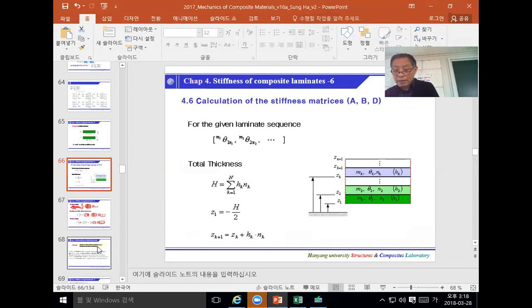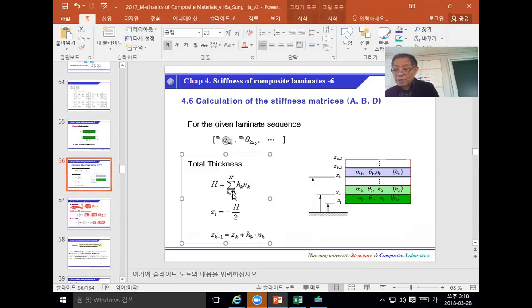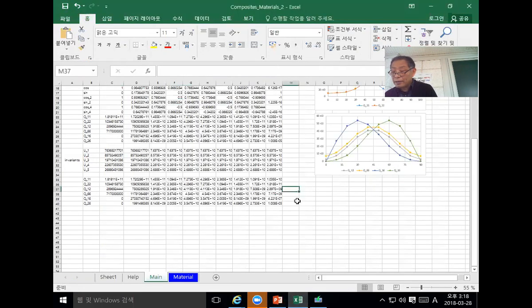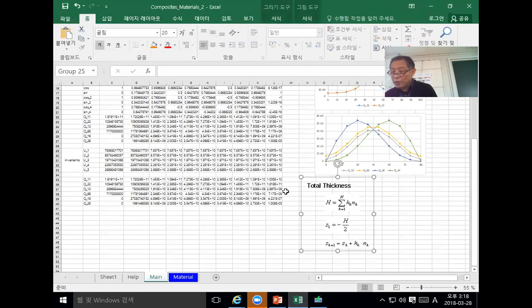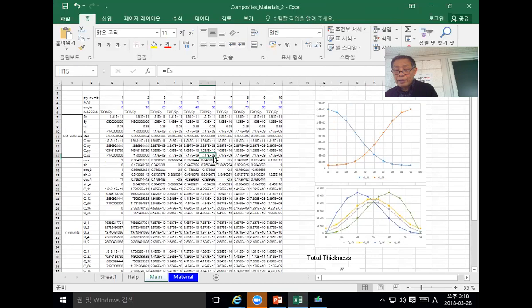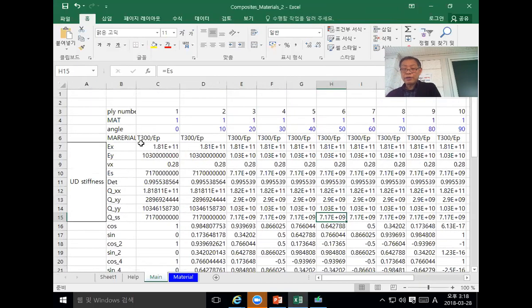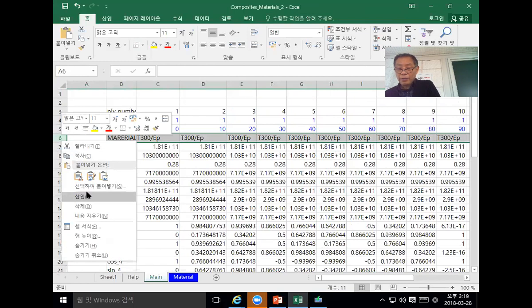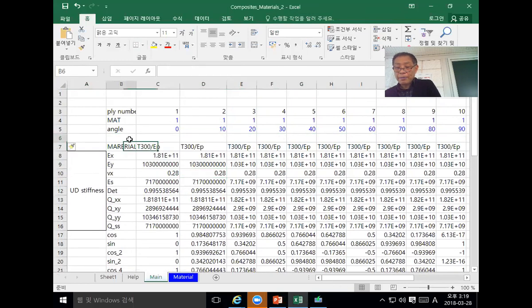To calculate z_k, we need to calculate the total thickness. We didn't have a ply thickness before, so now we define a thickness.